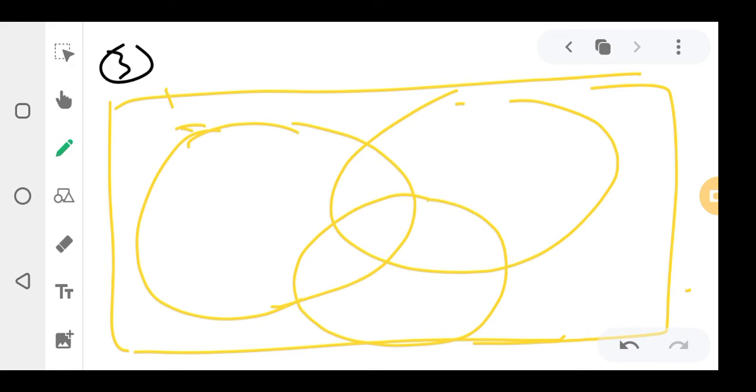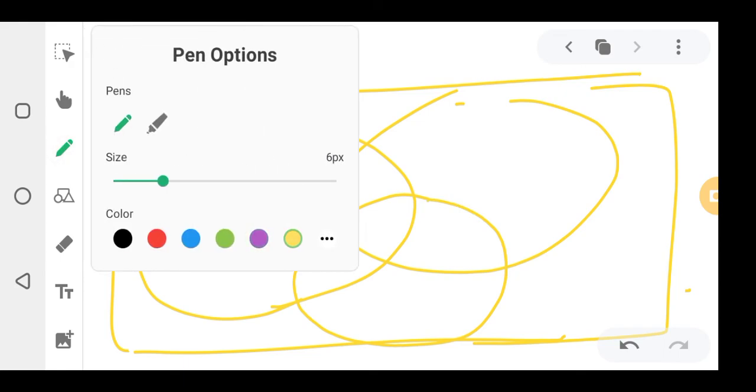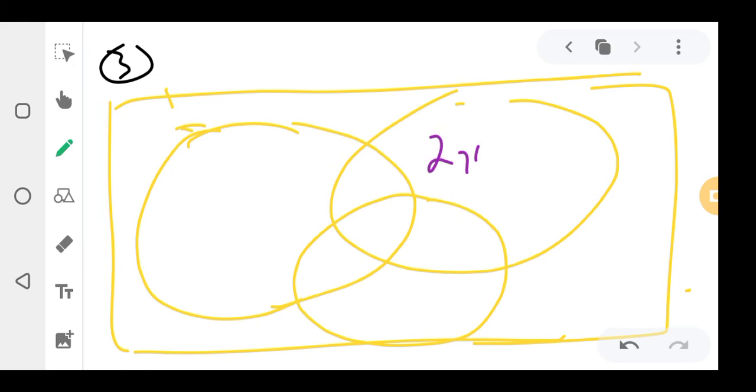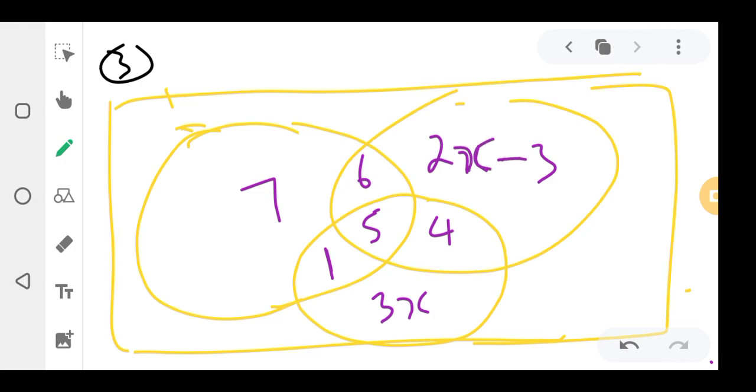If, for example, this side they say 2x minus 3, here they say 4, here 5, here 6, here 7, maybe here 3x, and here 1. And then this is mathematics, this is biology, this is science.